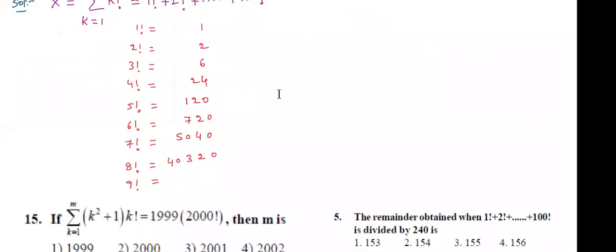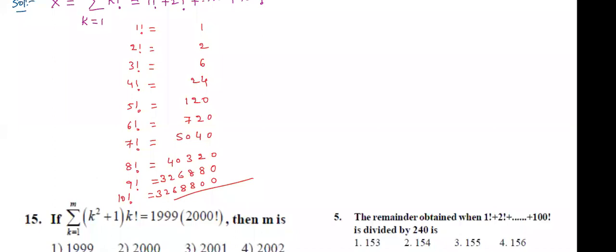Then 9 factorial. Why am I writing all this? Up to tens place we want to get 0. So 9 factorial is 362880. Then what is 10 factorial, students? This is easy only, 3628800. Up to here. From 10 factorial onwards, in the unit place and tens place, 0 will come.